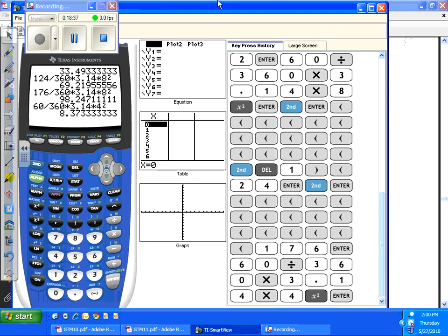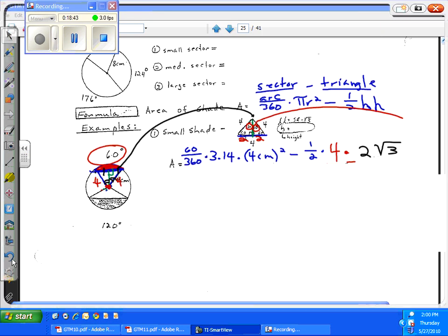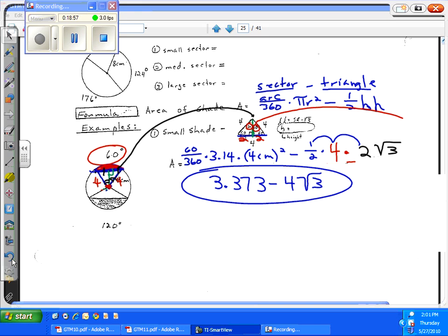I'm going to go ahead and hit enter. 3.373 rounded. Minus half of 4 is 2, times 2 is 4 square root 3. Any questions on that? Okay.